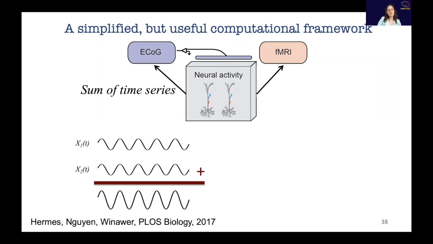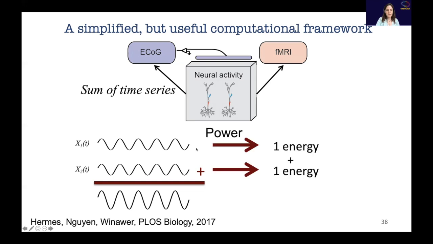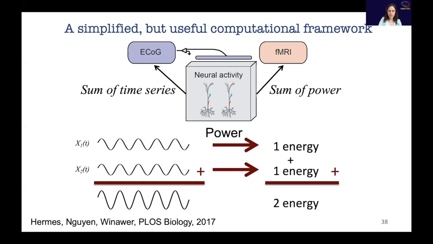But if we were to consider what type of volt response these different membrane currents would induce, we could, for example, think about how much they each vary from a resting potential. We could calculate the power. And for example, each of these membrane currents would demand one energy. We could sum that and take the sum of the power to think about the fMRI signal.